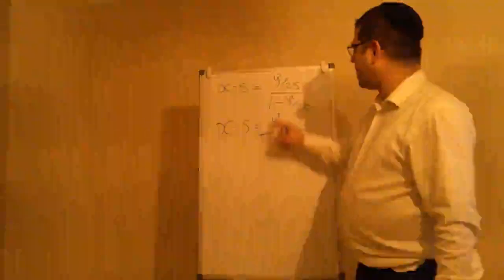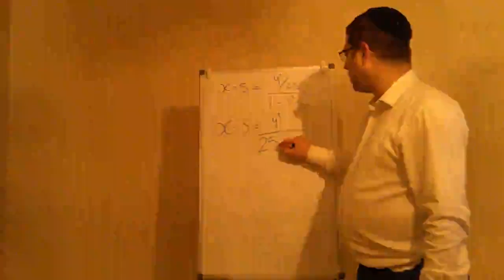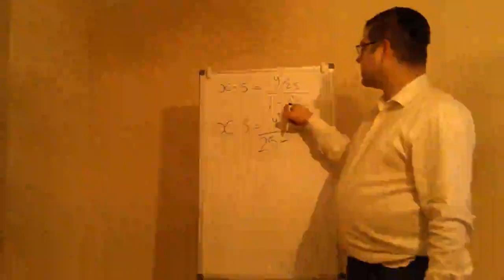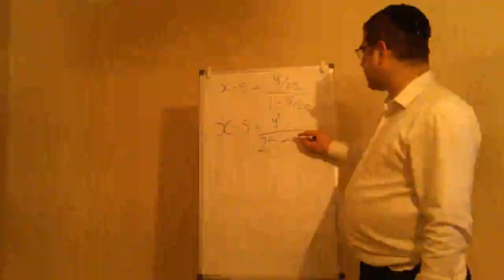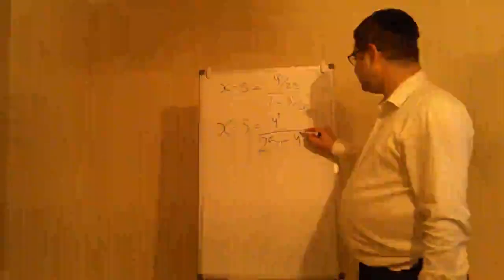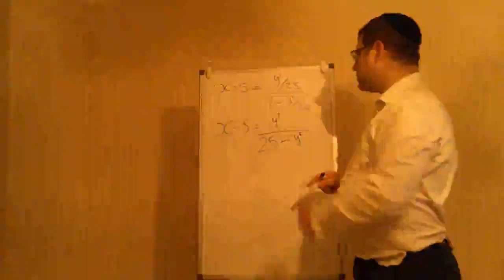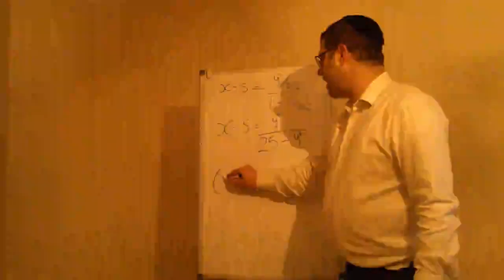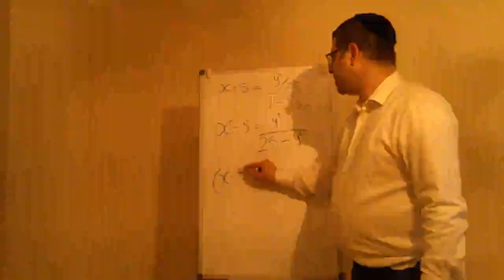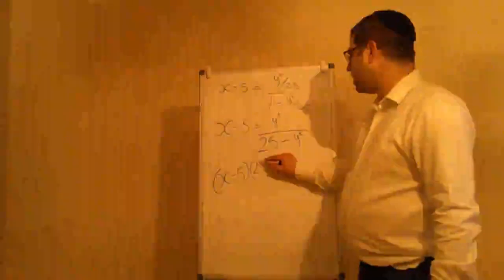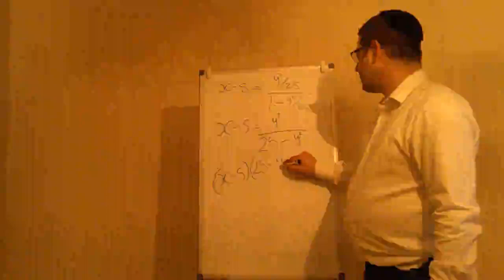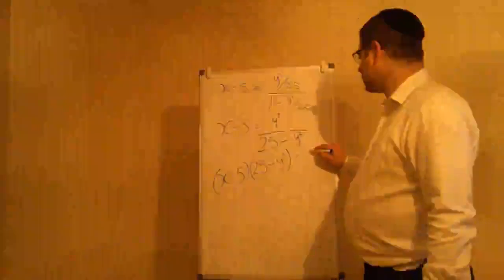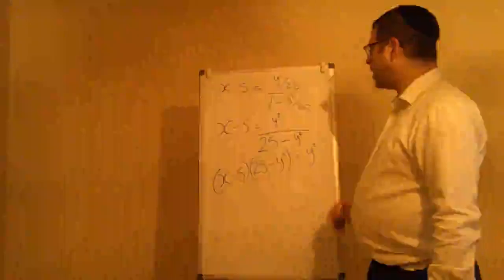If we times this by 25, we get 25. And again, multiplying this term by 25 will just eliminate that denominator. Now we're going to have to bring this term up. So we end up with x minus 5 multiplied by 25 minus y squared is equal to y squared.